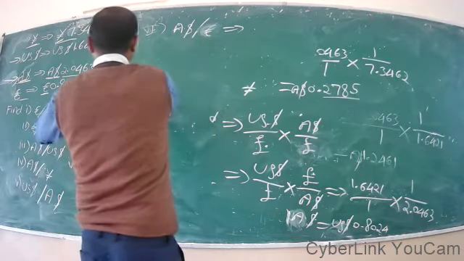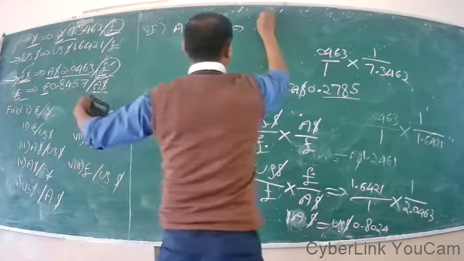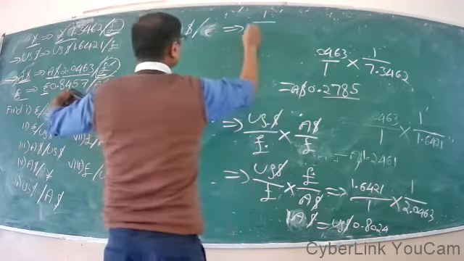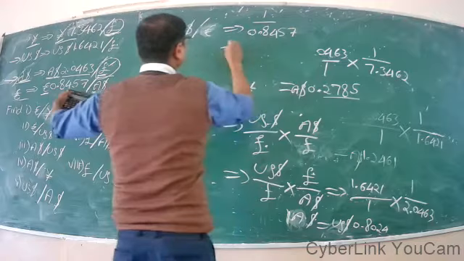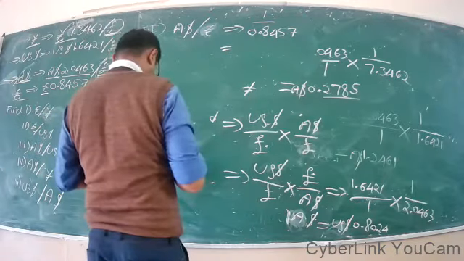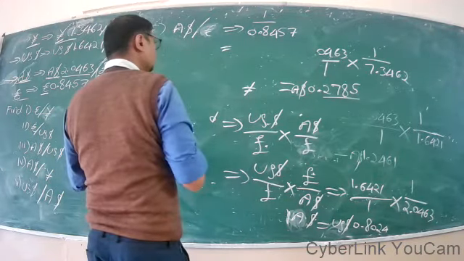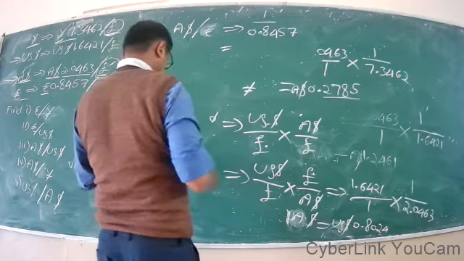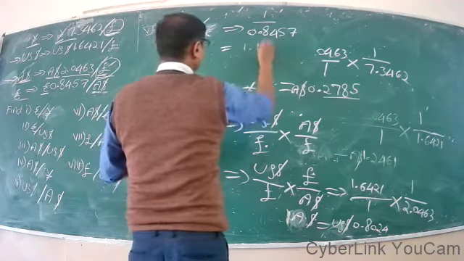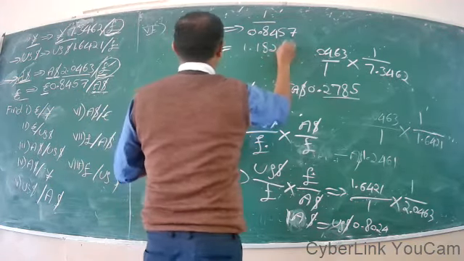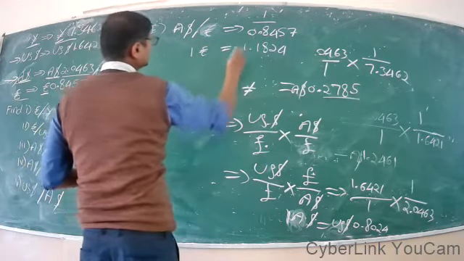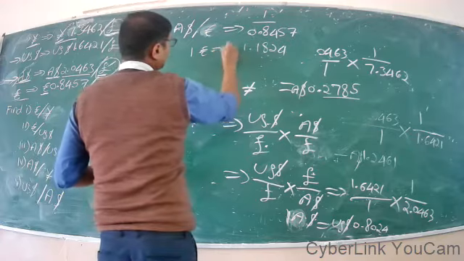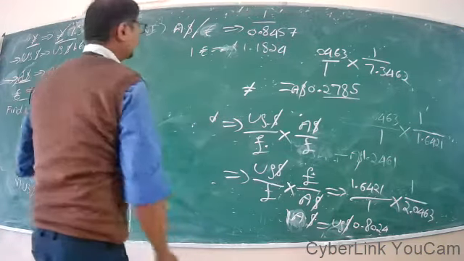You need to calculate Australian dollar per euro. So it is 1 divided by 0.8457. That is 1.1824. So per euro, that means 1 euro is equal to Australian dollar 1.1824.